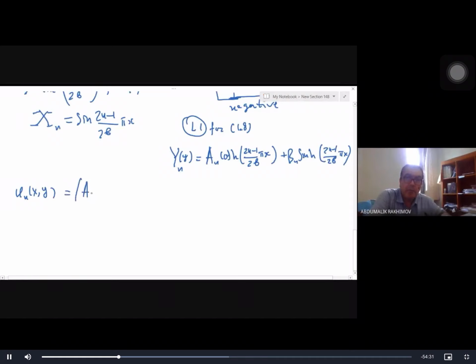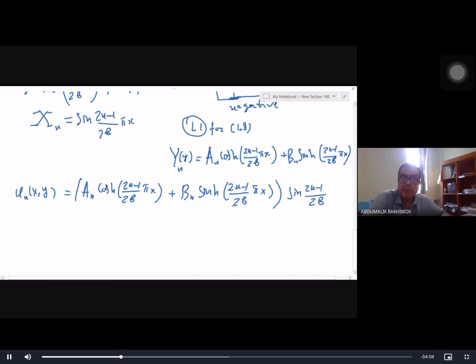Let me write Y first: A_n cosine hyperbolic (2n minus 1) over 2b pi y, plus B_n sine hyperbolic (2n minus 1) over 2b pi y, times sine (2n minus 1) over 2b pi x. Sorry, Y is a function of y, not x.